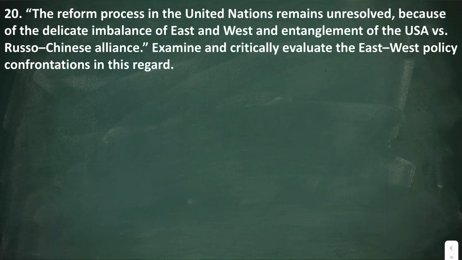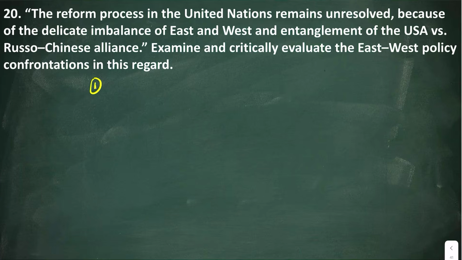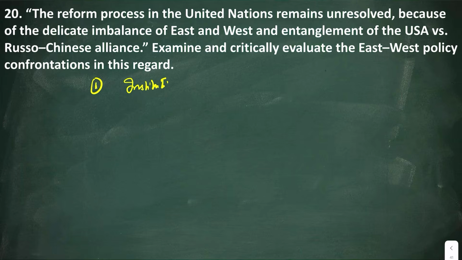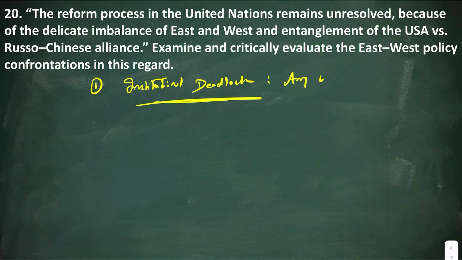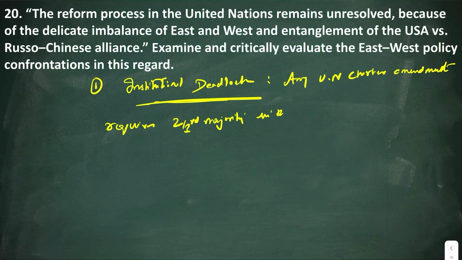So now you can say the first one in critical evaluation is institutional deadlock. This is a structural problem. Look at this, institutional deadlock. Elaborate here. Any UN Charter amendment requires two-third majority in the General Assembly and ratification by all P5. Okay, full stop, continue.